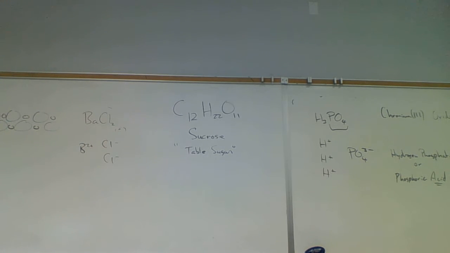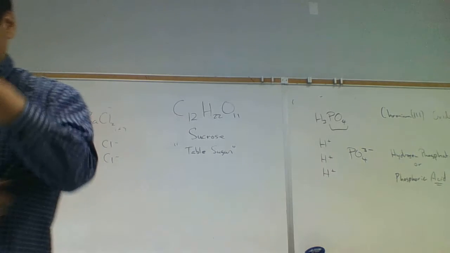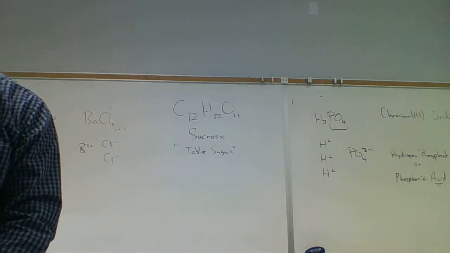Because they might be talking about atomic fluorine, or they might be talking about elemental fluorine, or diatomic fluorine. Depends on the context of the question. Argon. This is atomic. That would just be Ar. Gallium would just be Ga for gallium.